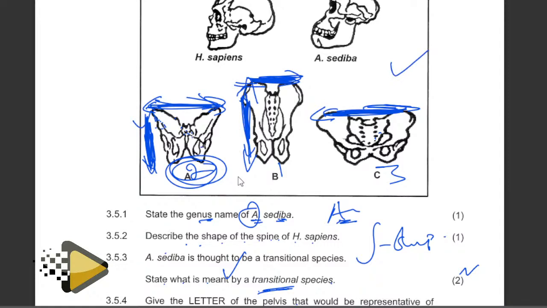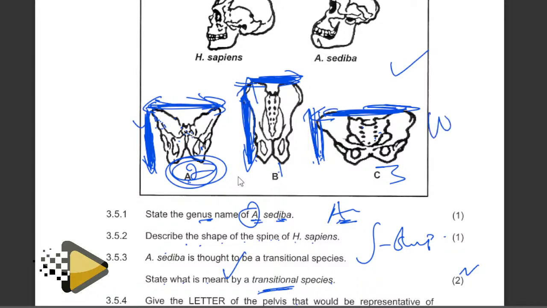If you also wrote it like this, you will get a mark. This pelvis is not as long as B and is not as short as this. You understand? This one is shorter compared to this, but this one is longer compared to this, which means that this is in between these two. You look at how long it is, how wide it is.